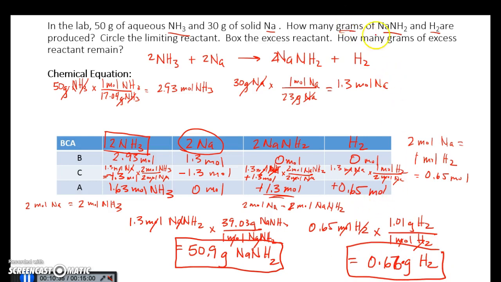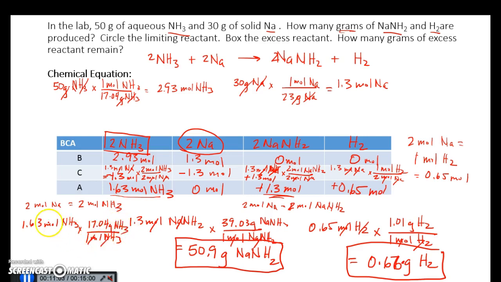All right, so that gives us both of those answers. I do also want to know how much excess I have. So I see over here that I have 1.63 moles of NH3 left over. And in this case, I know that 1 mole of NH3 weighs 17.4 grams.